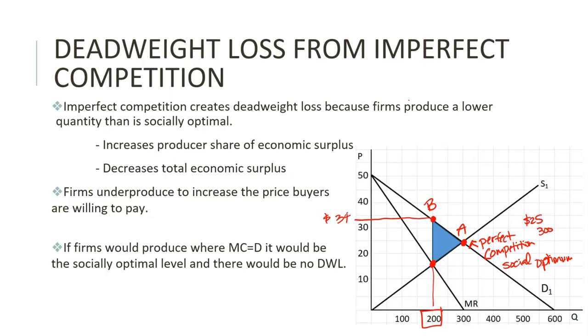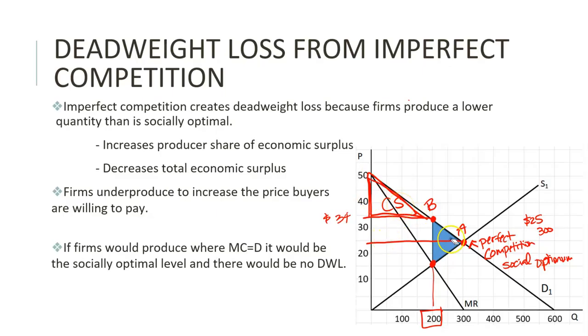So you can see how we have a lot of loss in our market. How this affects our consumer and producer surplus. Well, first, our consumer surplus is going to get a lot smaller, right? So previously it would have been this whole larger triangle here, a perfect competition. But now with our monopoly, it's going to be this much smaller triangle up here.